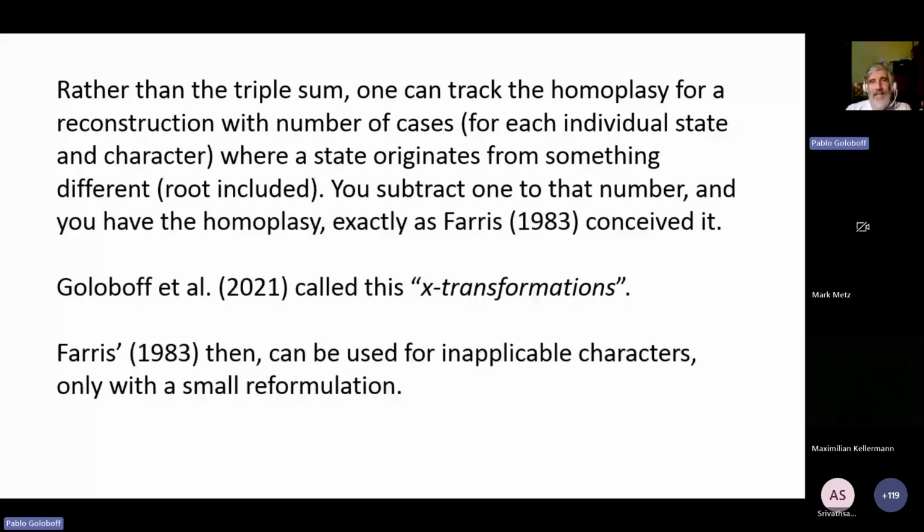And we call these X transformations, transformations between the minimum possible. Then, the reasoning of Farris 1983 can be used for inapplicable characters, exactly as he proposed it, basically, except for a small reformulation of the problem.